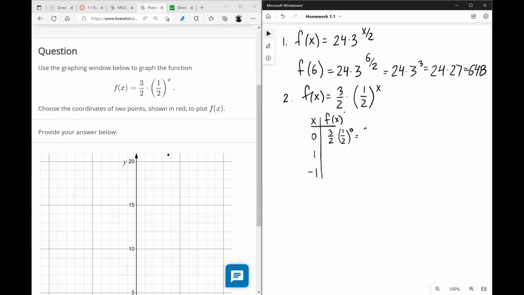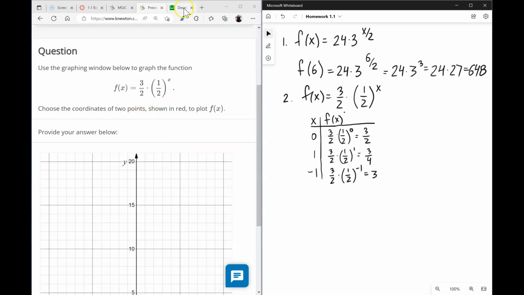Anything to the power 0 is 1, so the y-intercept of this function is 3/2. Anything raised to the power 1 is the base itself, so the answer here is 3/4. Raising to the power -1 is the same as reciprocating, so the answer is 3.